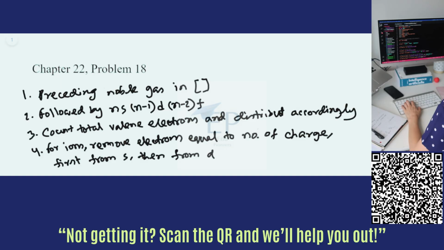So to write down the ground state electronic configuration for elements and ions, we need to follow the steps mentioned here.